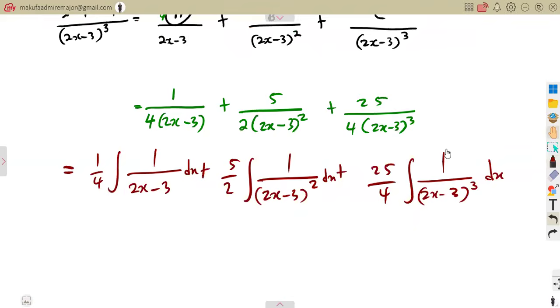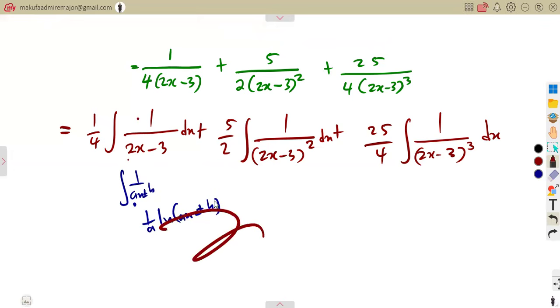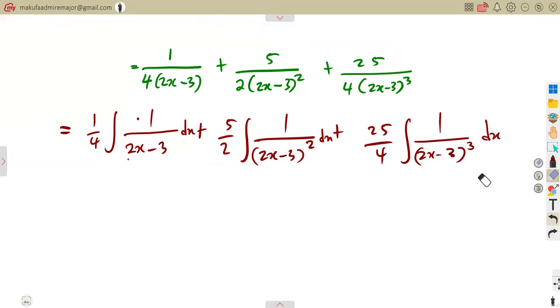So we can integrate the first one. Remember, we are used to our fractions. The integral of 1/(ax plus or minus b) is going to be 1/a times the ln of ax plus or minus b. So if you consider that, it's going to be 1/2 the ln of that part that is remaining. There's already a 1/4.